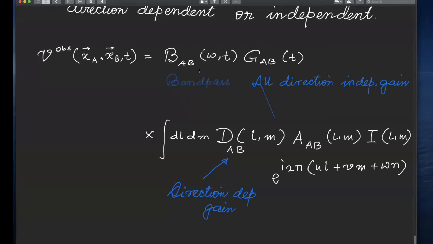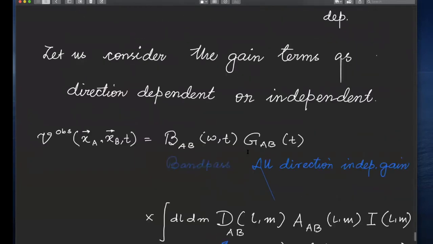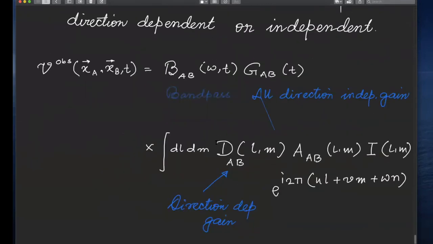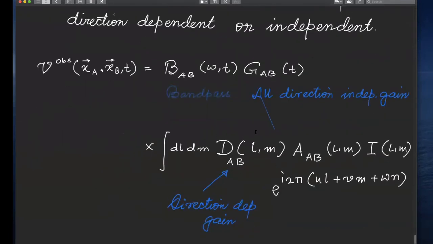Capital GAB has the effect of the direction independent gain from the ionosphere and the receiver gains for antenna A and antenna B. And this capital D has the effect of the direction dependent terms of antenna A and antenna B. So each of these terms has information of the gain from both the antennas.